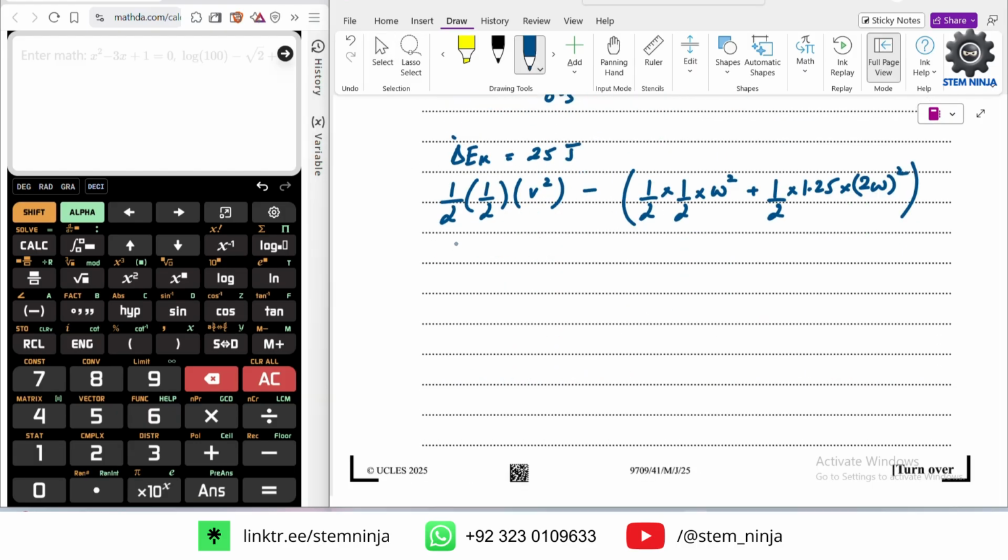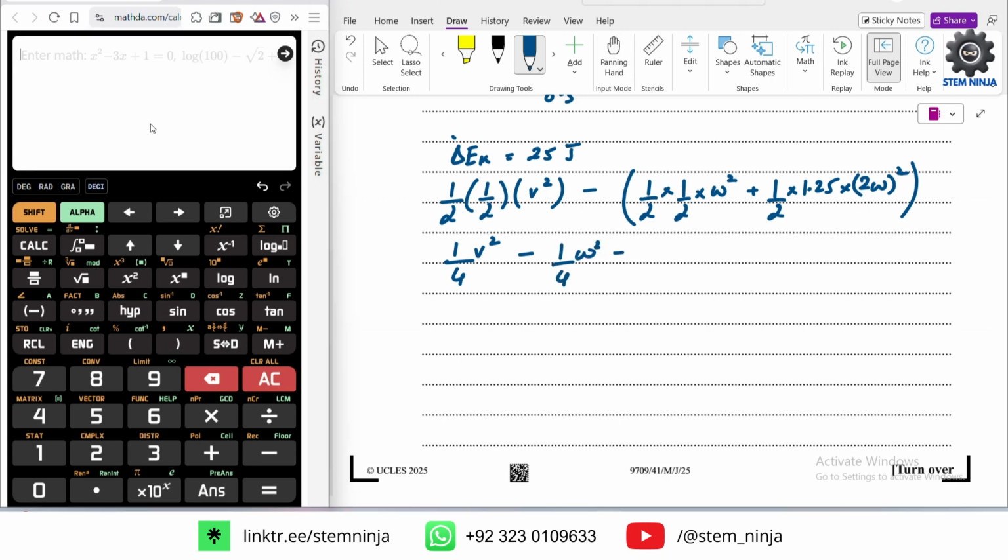Okay, so let's simplify this. This would be 1 over 4 v squared minus 1 over 4 omega squared minus 0.5 times by 1.25 times by 4. This is 2.5.